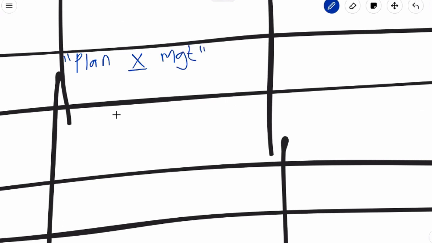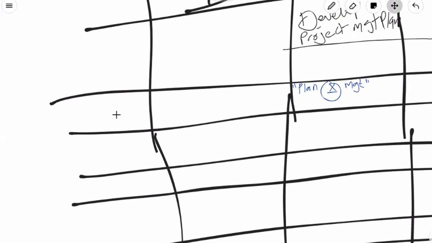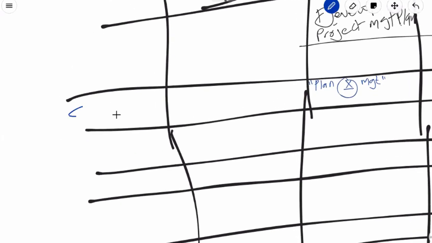See that? Where X is the knowledge area that corresponds to what is on the right. The X is the knowledge area name.